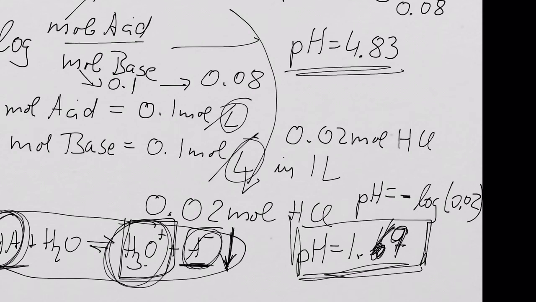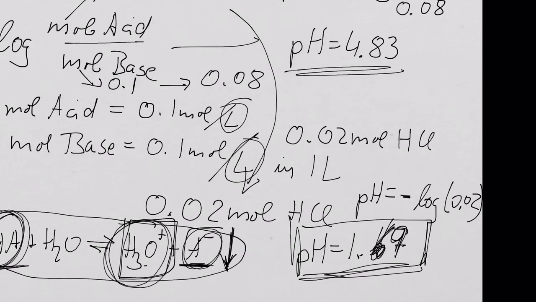So this buffer system, made up from the acid and the conjugate base, protects our system from huge pH differences. This is exactly what you want when you don't want any change.